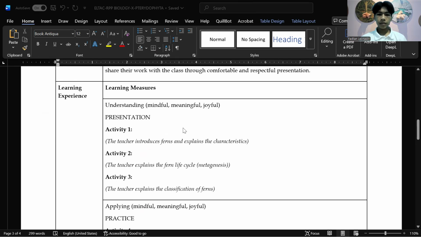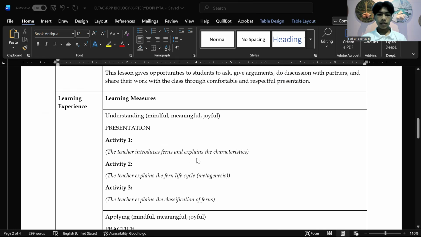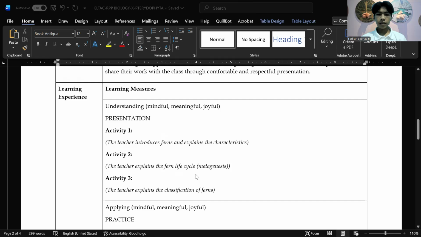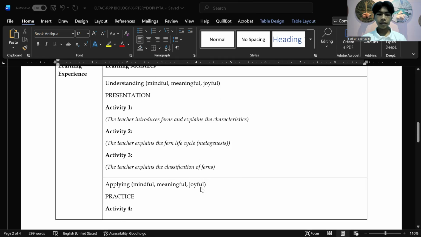The first stage will be presentation. The teacher will introduce ferns as well as the characteristics, the fern life cycle, and the classification of ferns.